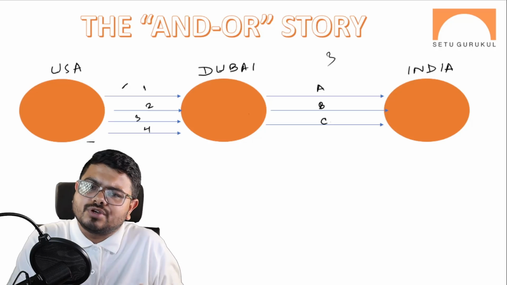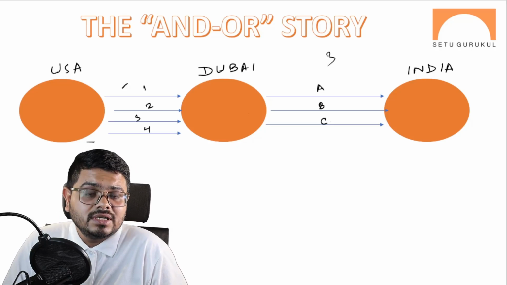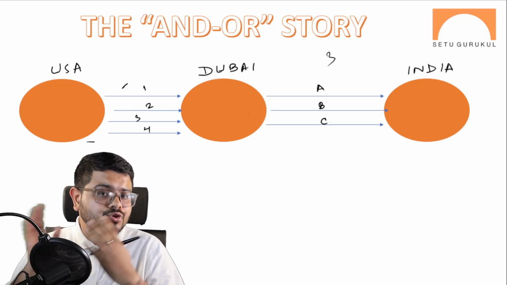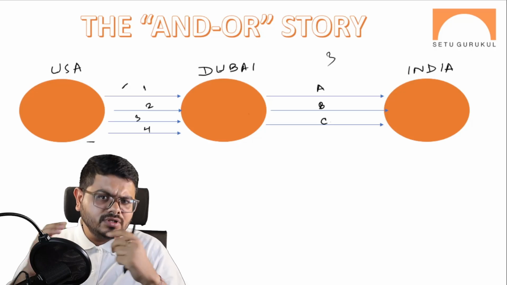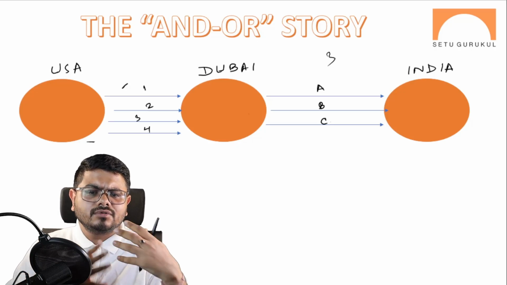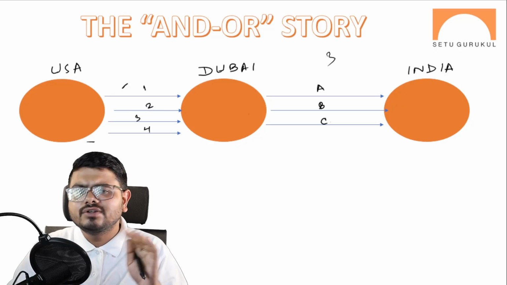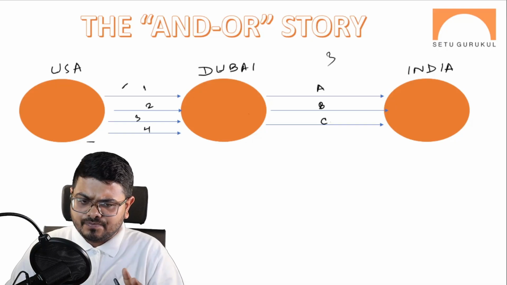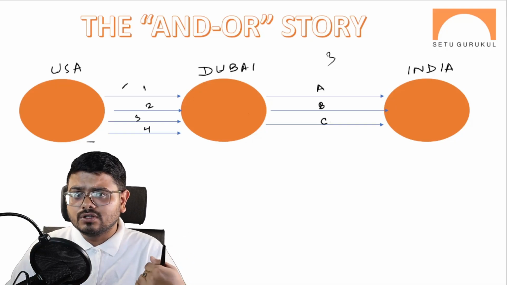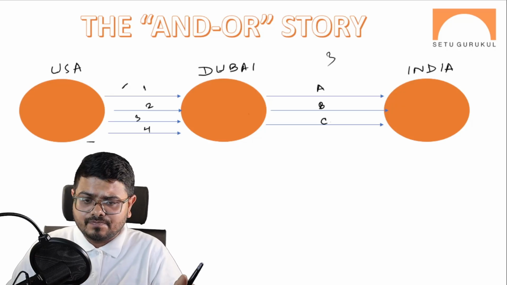Imagine we have a situation where a person needs to travel from USA to India, but hypothetically, because of the mathematical need right now, we consider that there is no direct flight between the USA and India. So if the person has to travel all the way, the only way he can is via Dubai.